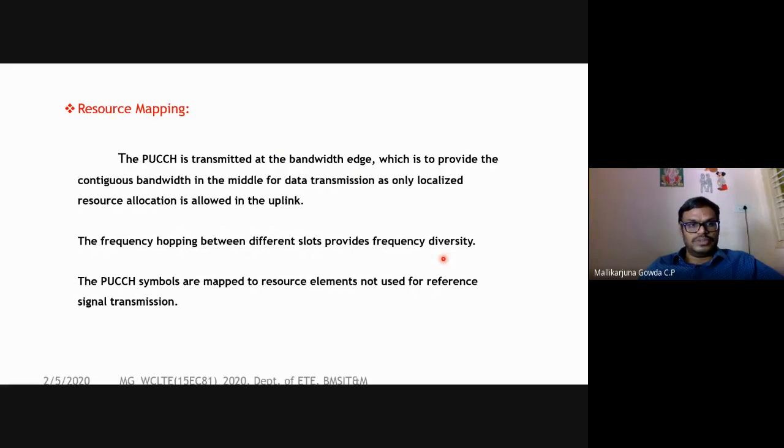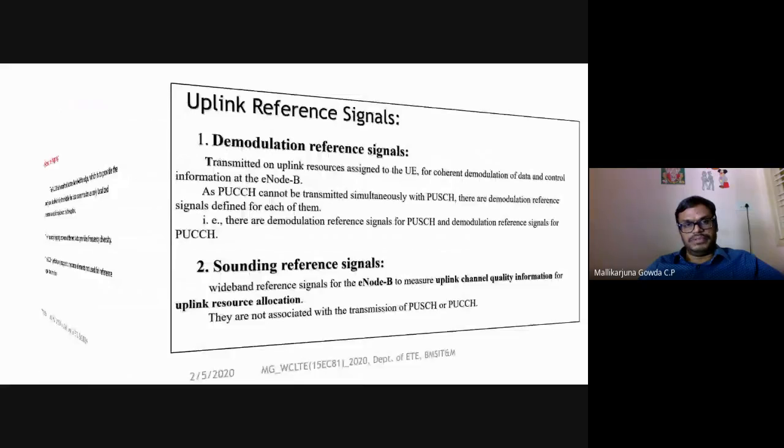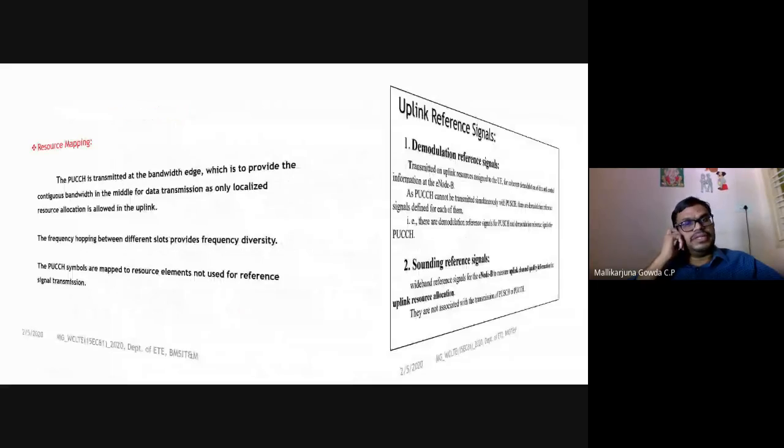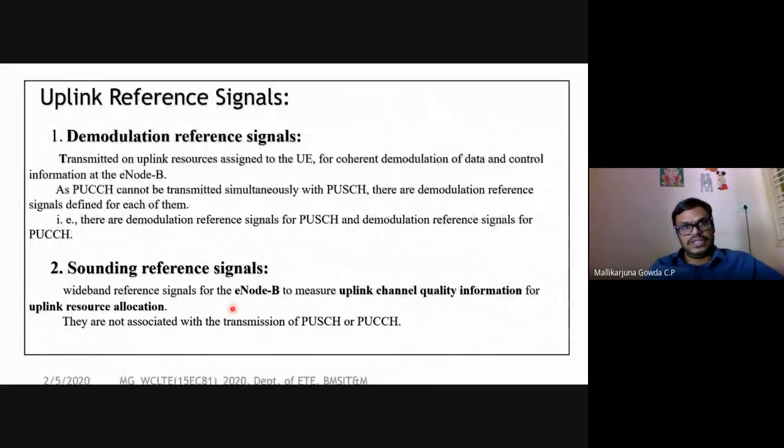So PUCCH symbols are mapped to resource elements not used for the reference signal transmission. So this is all about the resource mapping of the PUCCH.